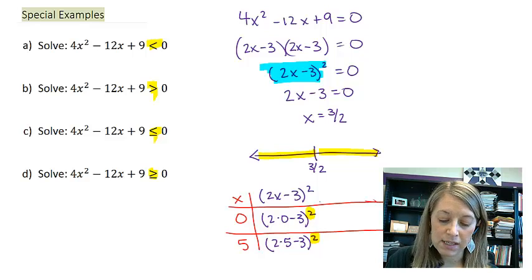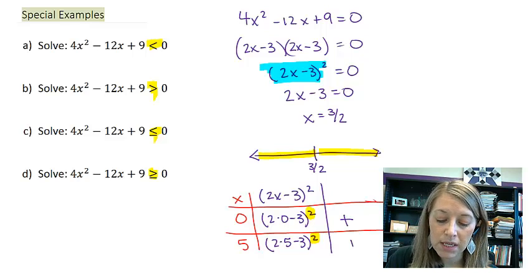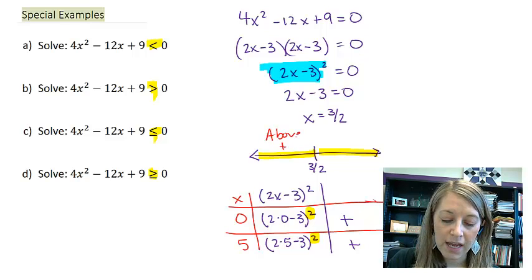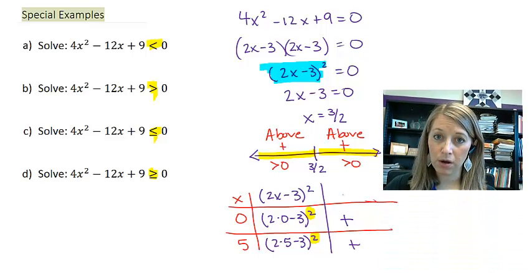Just like in the last example, when we have something squared, it doesn't matter what the sign is initially because it's always guaranteed to be positive. So over here, this is positive or above the x-axis, and same thing over here. So both of these are greater than 0.